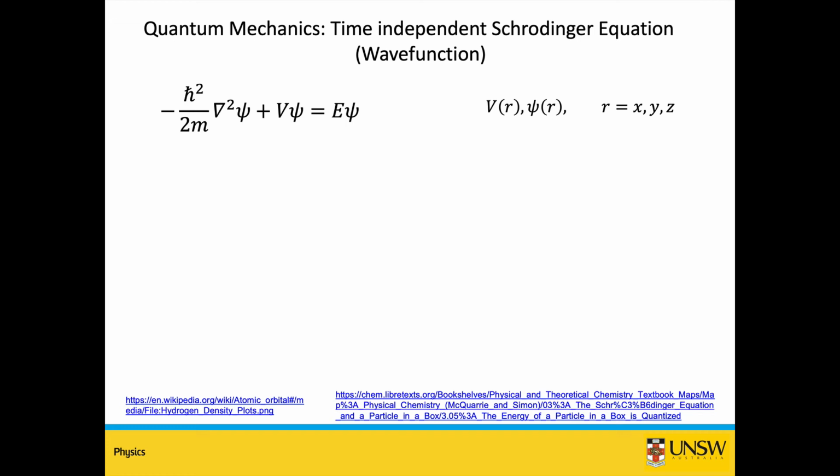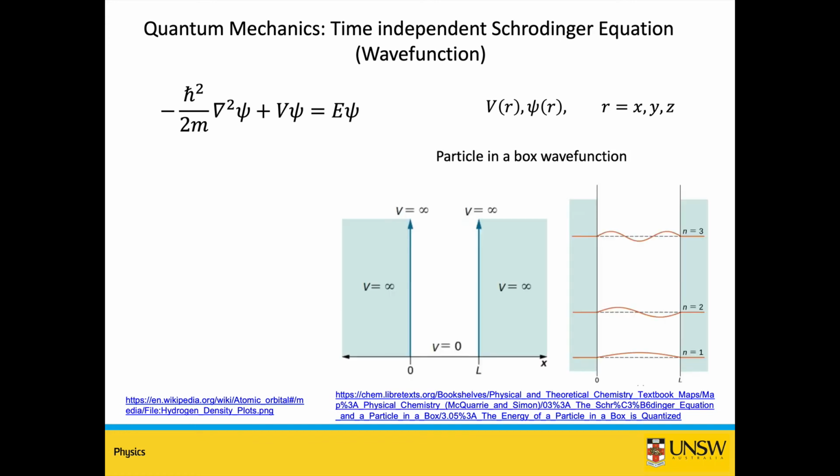And the next term, V psi, gives you the potential energy, and this is equal to the total energy E psi. So psi here is called the wave function, because in quantum mechanics, you treat every particle as a wave, not just a single particle. And this potential and the wave function are defined again over the spatial coordinates x, y, and z.